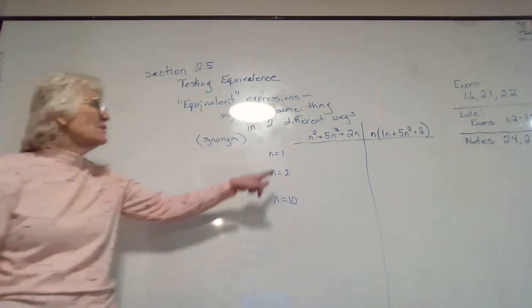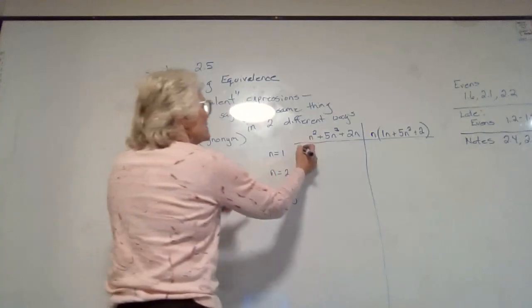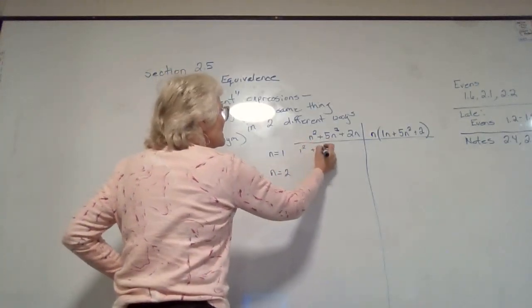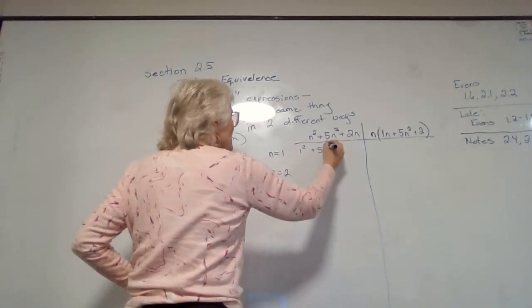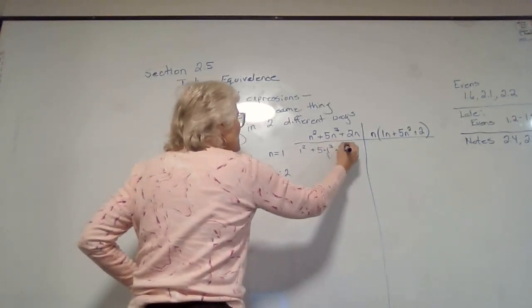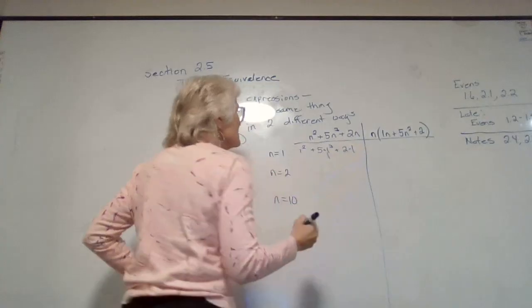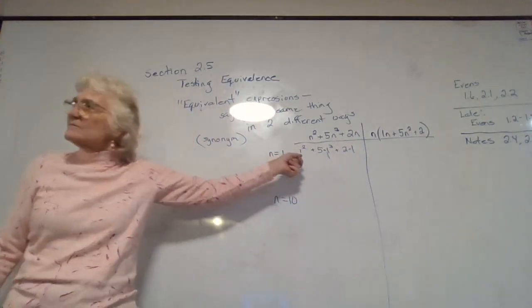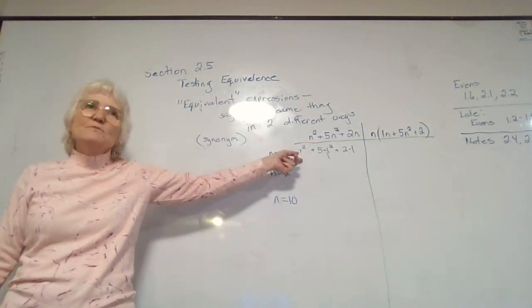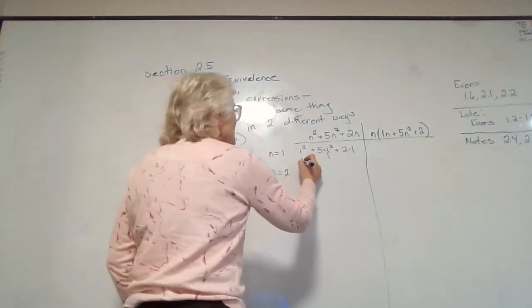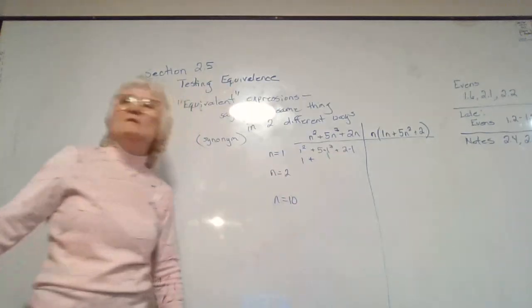So here we got 1. So it's 1 squared plus 5 times 1 cubed plus 2 times 1. What is 1 squared? 1. It's 1 times 1, which is 1. What's 1 cubed?